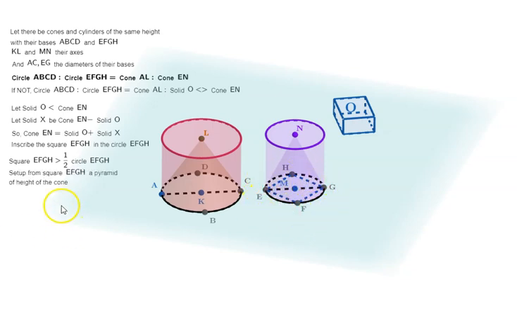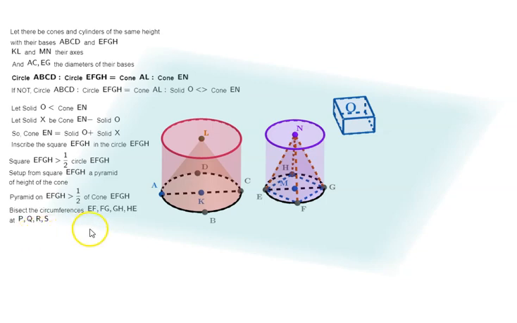Now, set up from square EFGH a pyramid of the height of the cone. So this pyramid would be a pyramid with a square base. Which means the pyramid on EFGH is greater than half of the cone EFGH.